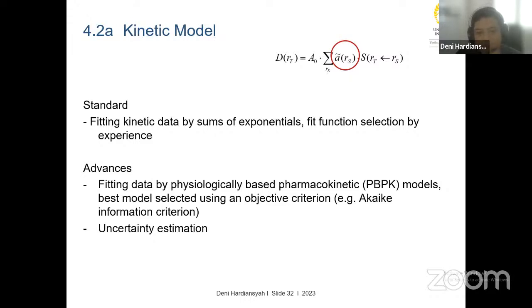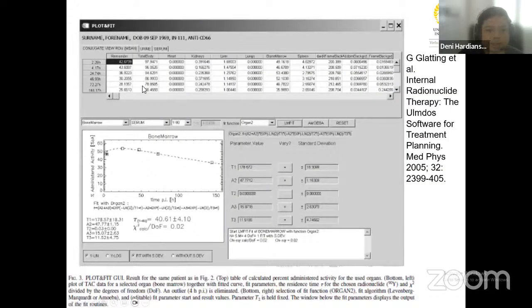For example, usually in our group, some of the projects are related to the physiologically based pharmacokinetics model. And then here, the best model we can select based on an objective criterion, for example using the Akaike information criterion. And also we can perform uncertainty estimation. And this is how we do it.